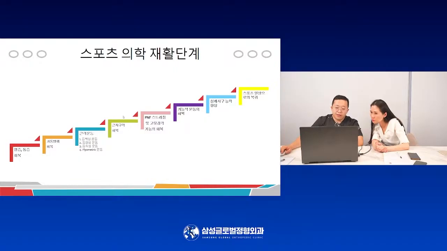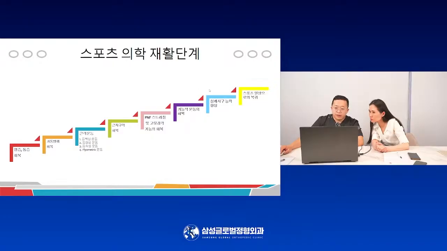The fourth step is recovery of muscular endurance. The fifth step is recovery of the proprioception and the balance. The sixth step is recovery of the functional exercise and the plyometric exercise.